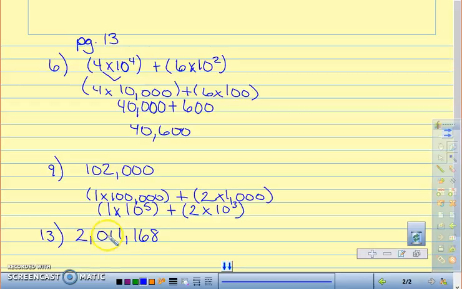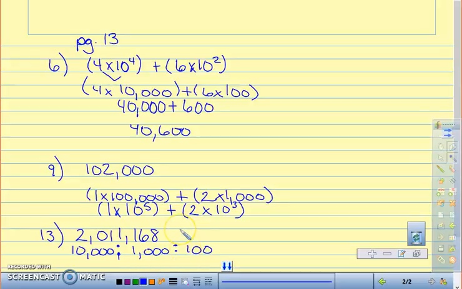The value of the first 1's place is equal to 10,000. I probably should write a colon in between. The next value is equal to 1,000, and the last value of 1 is equal to 100.